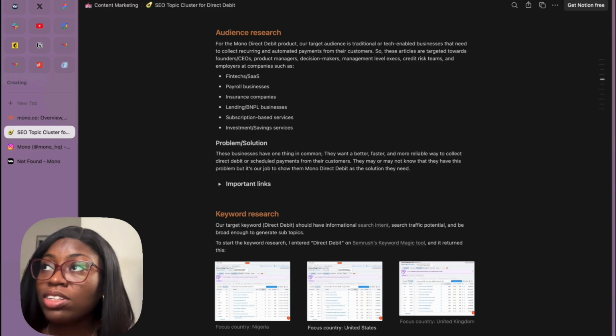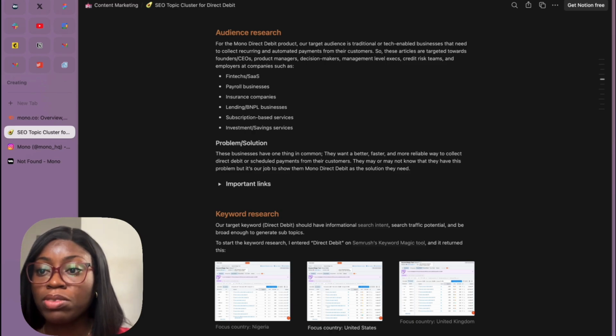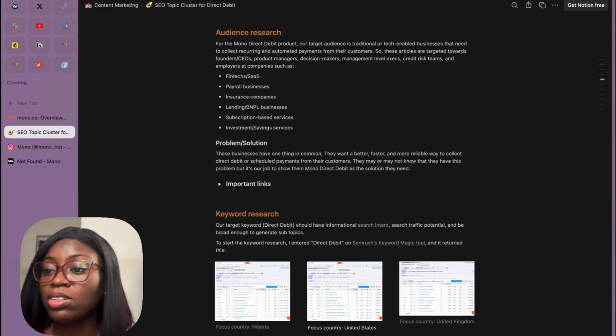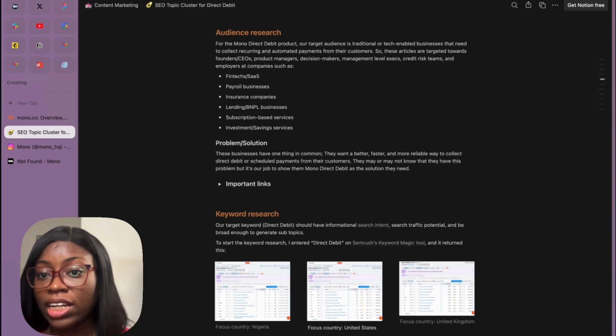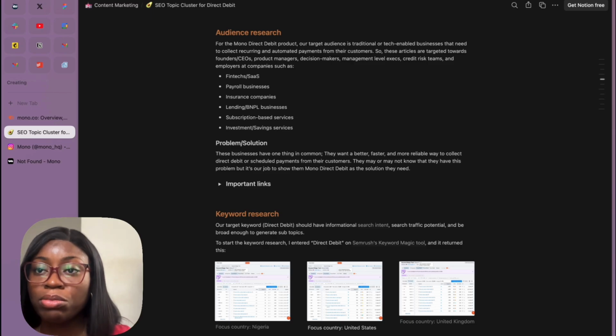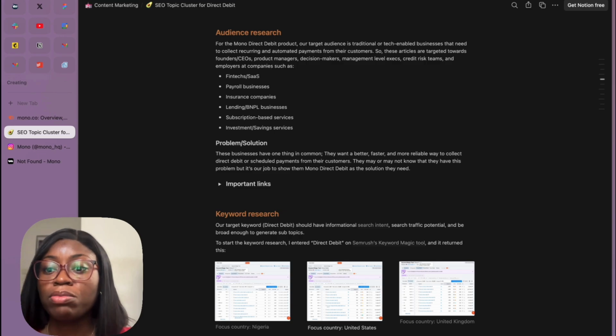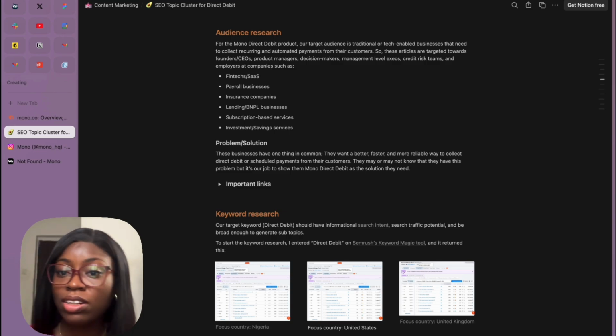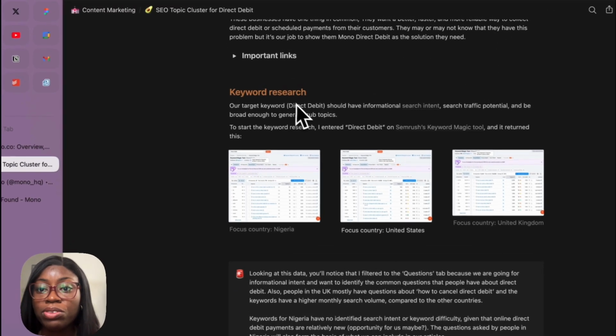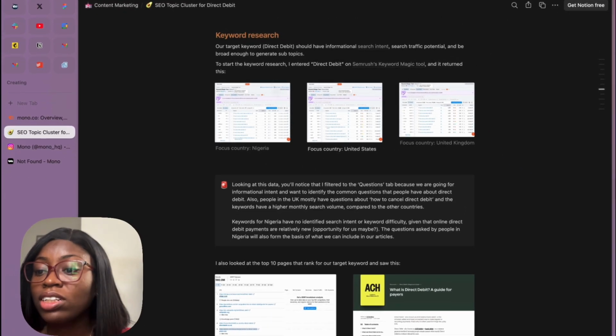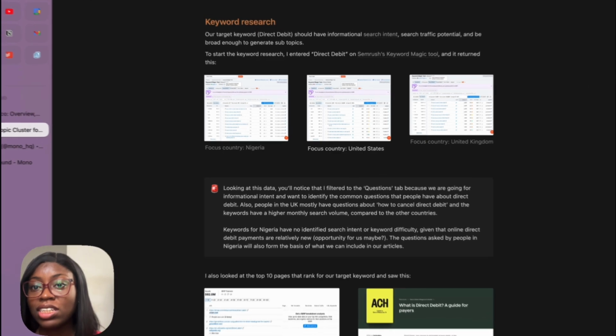I then decided what problems our audience faces: they want a better way to collect recurring payments online, and Mono Direct Debit was going to solve that problem for them. Then I got down to keyword research, and our target keyword was direct debit.